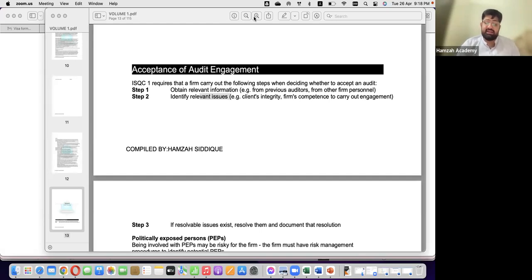Then there is the income statement approach. They say verify all transactions. If you verify transactions, ultimately account balances will also be verified. The balance sheet approach starts from balances and verifies balances. This one says verify transactions.